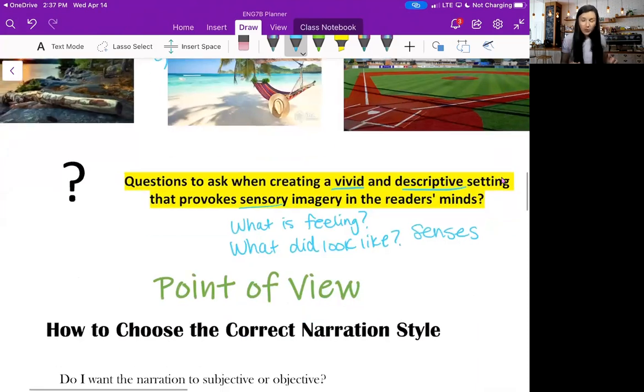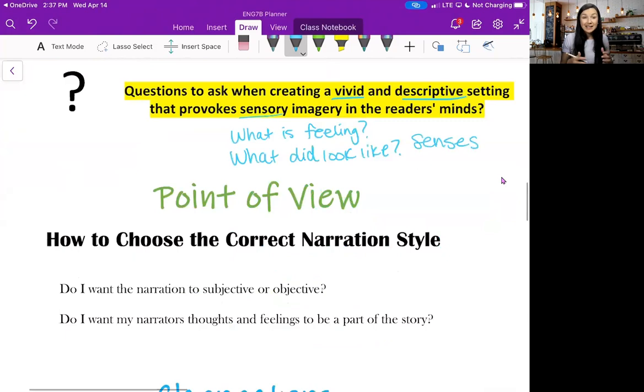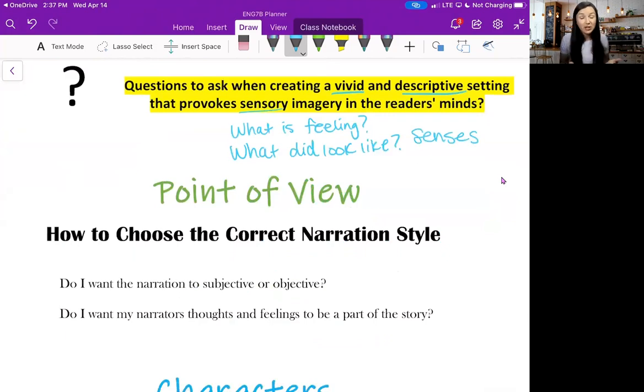Okay. Point of view. We talked about point of view. You're going to choose whether it's first person point of view, second person point of view, or third person point of view. So that is deciding, do I want the narration to be subjective or objective? Subjective would be more of the narrator's feelings involved. And when I say objective, that's going to be more factual. So this would be more of like a third person point of view.